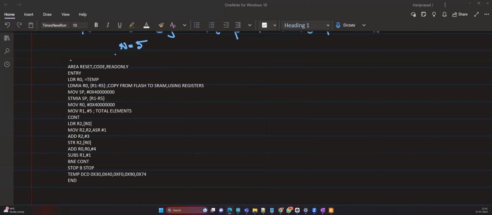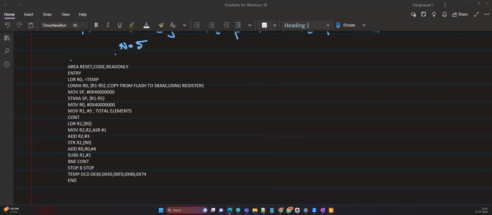Yes, store multiple instruction, and whatever the stack pointer value is, again I have to update with R1 and R5. Correct? Then R0 will hold the value of the number written next to it, R1 will hold the value of 5, and R2 will contain the contents of R0. So what is ASR?